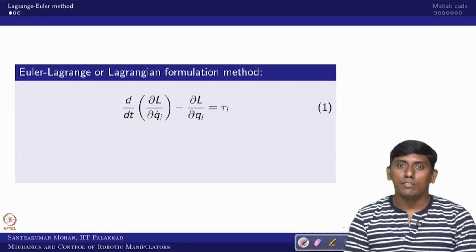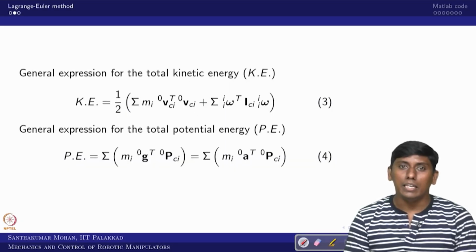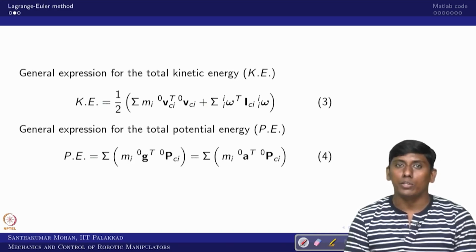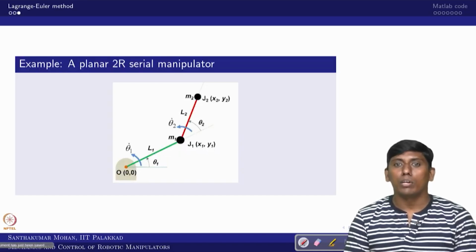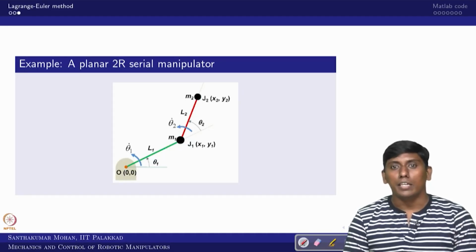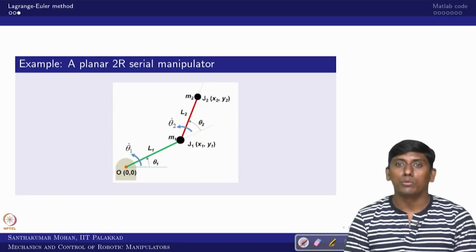So we are trying to recall what the Lagrangian is, and we will see how we can derive the kinetic energy and the potential energy. Based on that, we take the same example. You need to find the location of center of mass of m1 and m2, which we have written as x1, y1 and x2, y2. Then we take the derivative of that, which gives x1 dot, y1 dot and x2 dot, y2 dot.